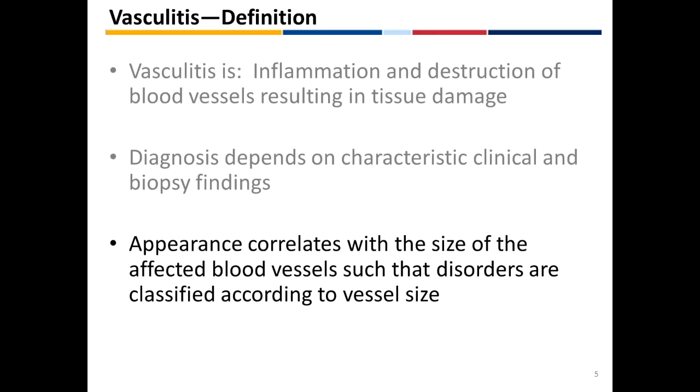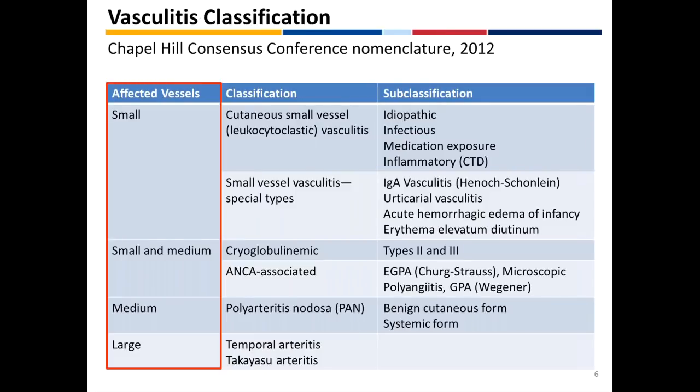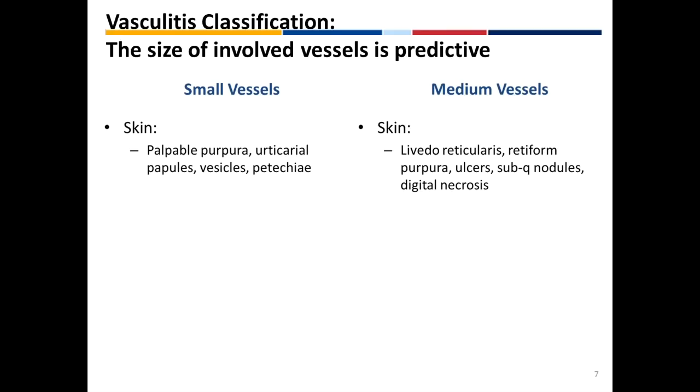And they really have to match up in order to come up with a proper diagnosis. And the appearance, that is what we see, in this case on the skin, correlates with the size of the affected blood vessels such that the disorders are classified according to vessel size. So there's this rubric of each of these different types of vasculitis and whether they affect small and medium, or large vessels in the body.